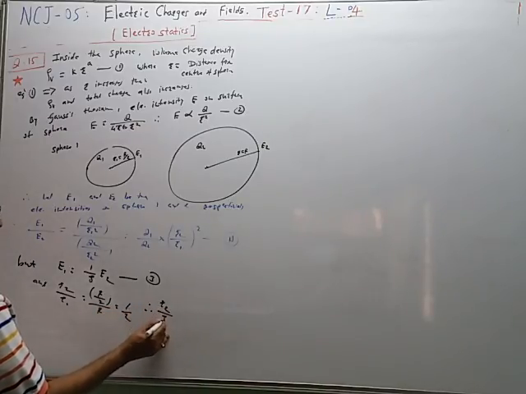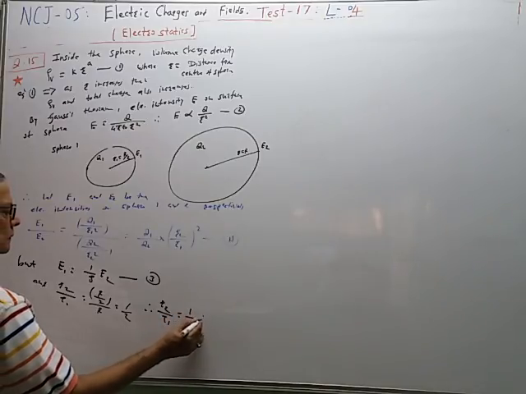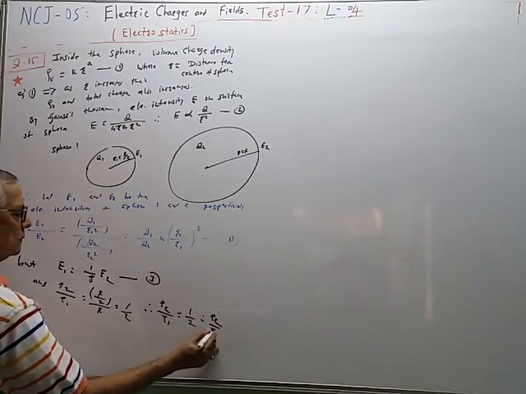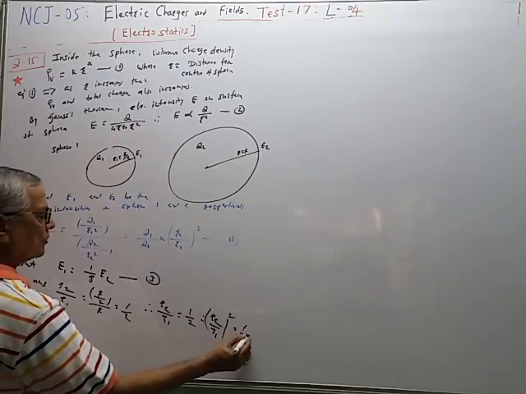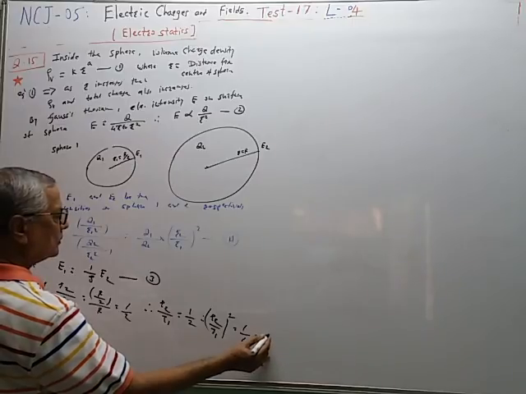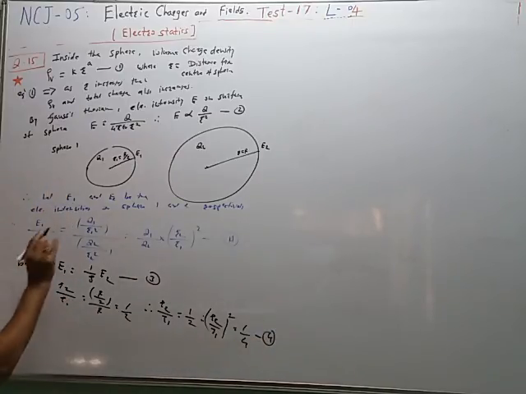Therefore, R1 upon R2 whole bracket square is equal to 1 by 4. This is equation 4. So we know this value.